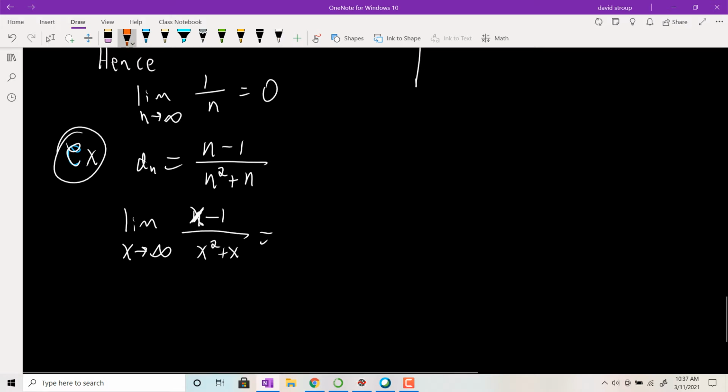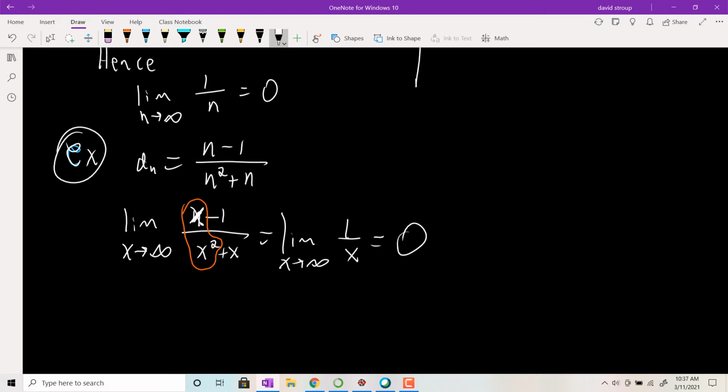So how did we do this? We looked at the behavior of the high degree terms. That would be x over x squared, but that's 1 over x. So again, this would go to 0. Hence, our limit now with sequences also goes to 0.